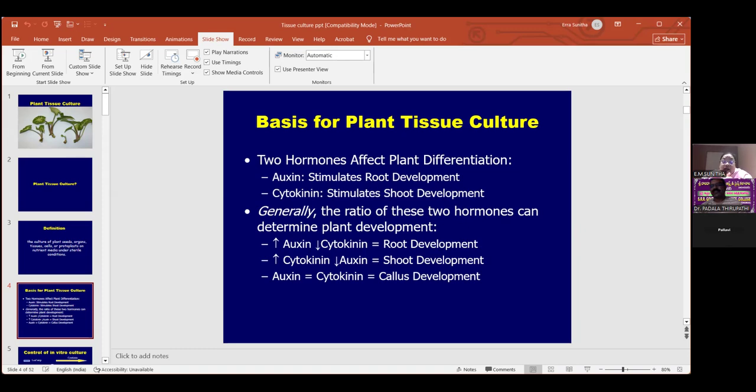But how they have been developed, we are just studying cytokinins and auxins like that, but so many standardization procedures are required. That's why you should remember, in the questions they will ask what is required more in concentration, auxins or cytokinins, for root development?